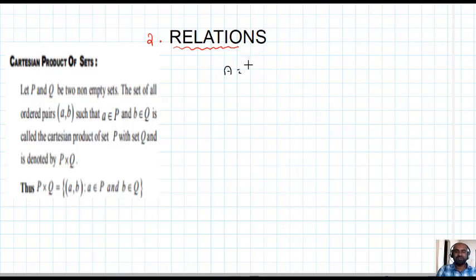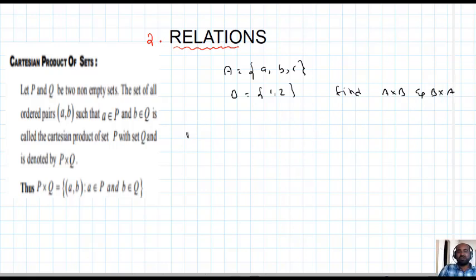A is equal to {a, b, c}, and B is given as {1, 2}. They will ask: find A cross B and B cross A. What do you notice?